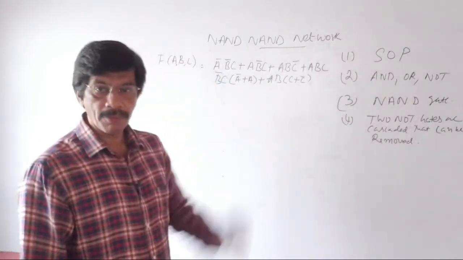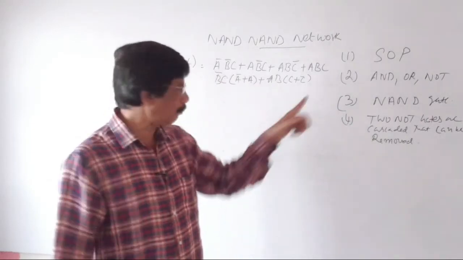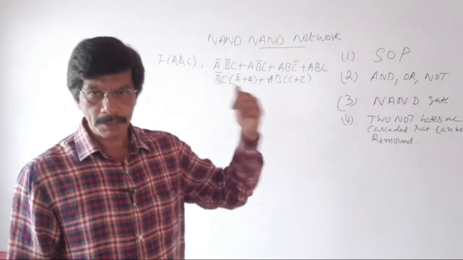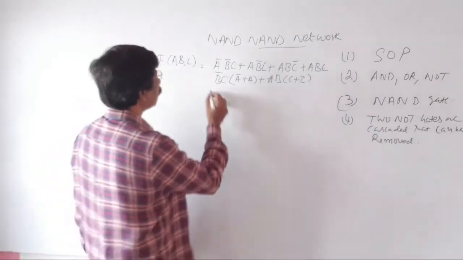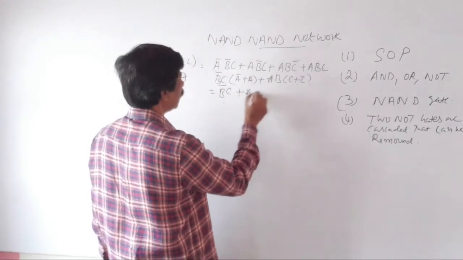But we know from our laws, a plus a bar is equal to 1, c plus c bar is equal to 1. Substitute that here, you get b bar c plus AB.